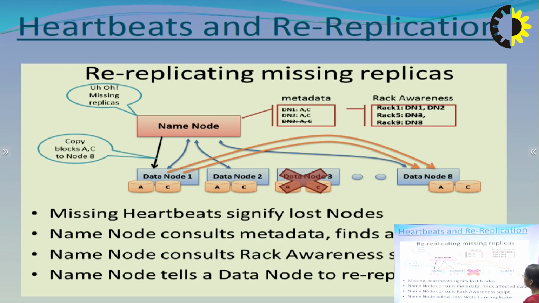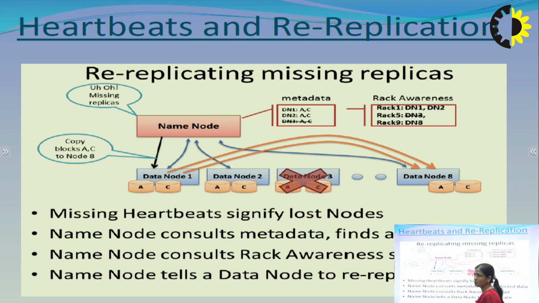Then heartbeat and re-replication. Here is the diagram, re-replicating missing replicas. If any one of the copies goes missing or any data node fails, then this information is sent from the data node to the name node that this data node fails.